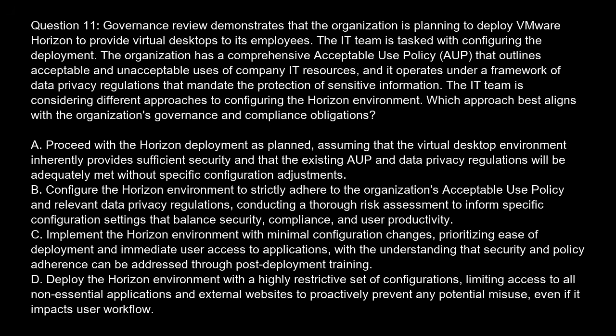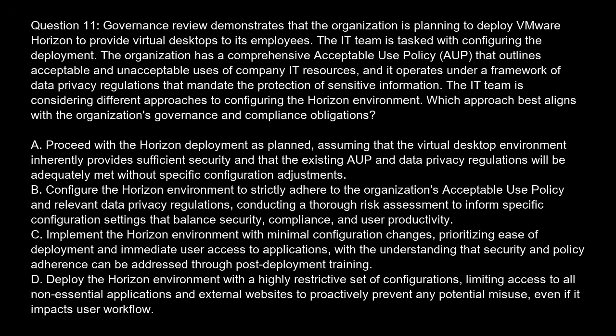Proceed with the Horizon deployment as planned, assuming that the virtual desktop environment inherently provides sufficient security and that the existing AUP and data privacy regulations will be adequately met without specific configuration adjustments.